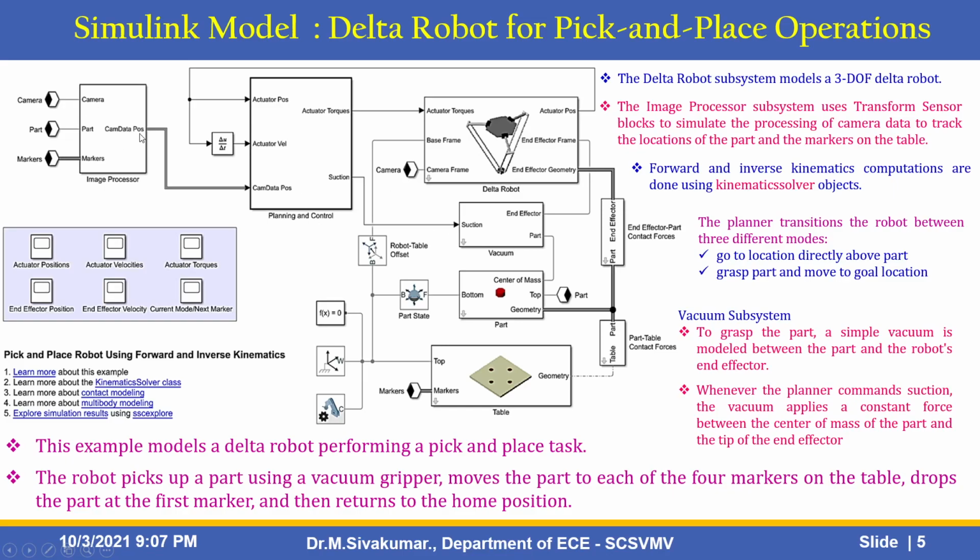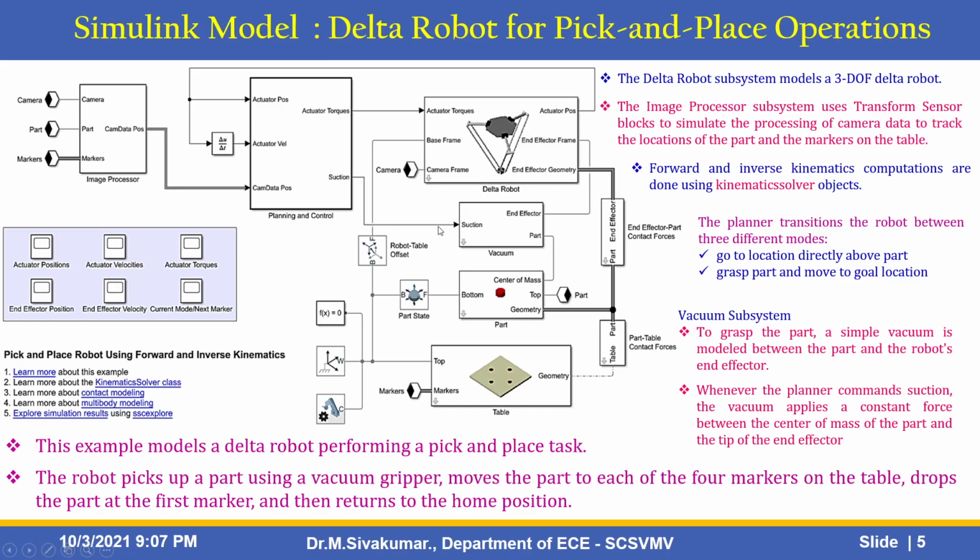The image processor subsystem uses transform sensor blocks to simulate the processing of camera data to track the locations of the part and the markers on the table. Next, the forward and inverse kinematics computations are done using the kinematic solver objects.